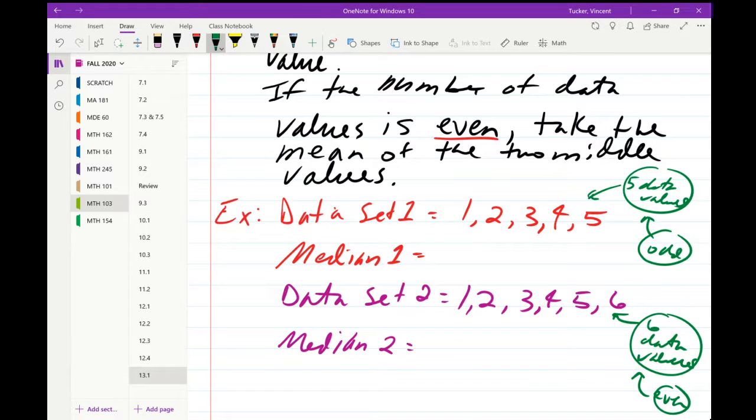Okay, so I have 5 data values. That means the number of data values that I have is odd. So it means all I have to do is choose the middle value because there is a middle value. That means my median is 3.